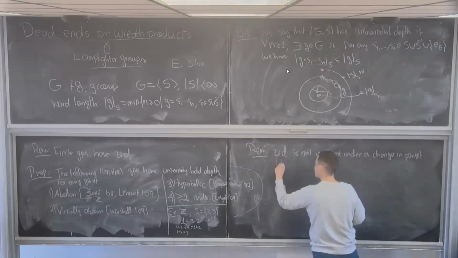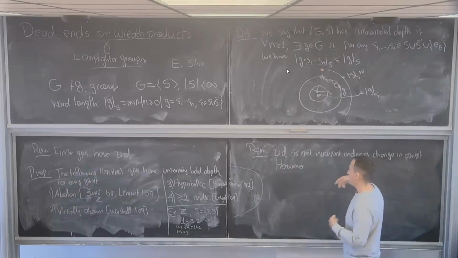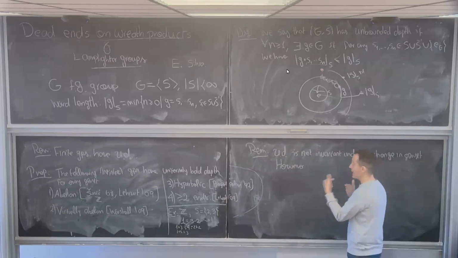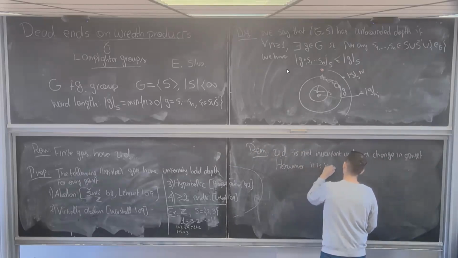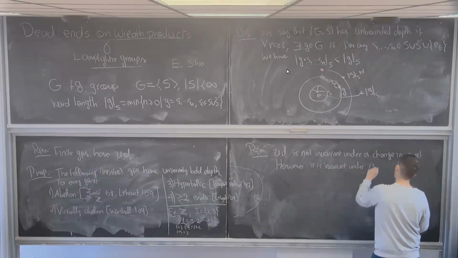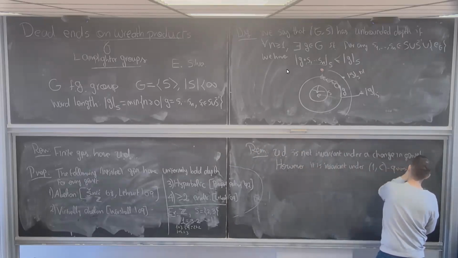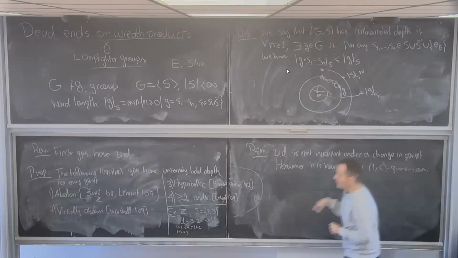However, it will be invariant under what people call rough isometries, which is another name for 1, C quasi-isometries. That is, a quasi-isometry where your multiplicative constant is 1 and you only admit additive error. So this is maybe one way of proving the abelian case.